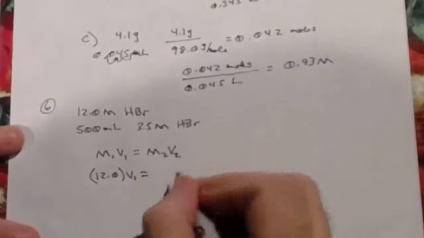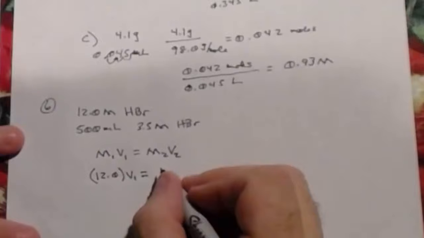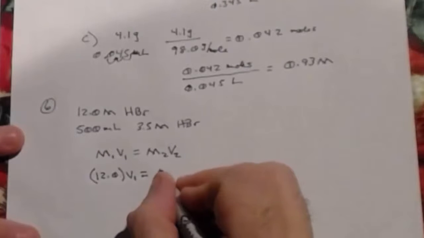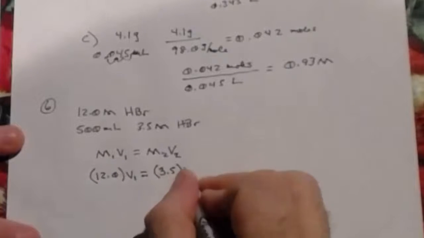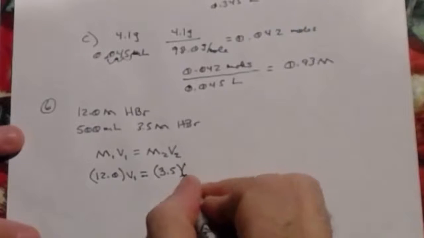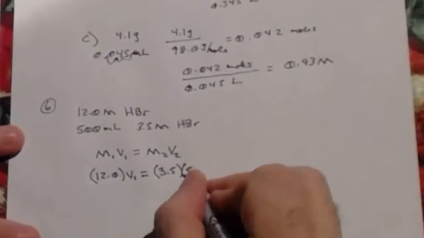That product has to equal the molarity of the end state, which is 3.5 molar times 500.